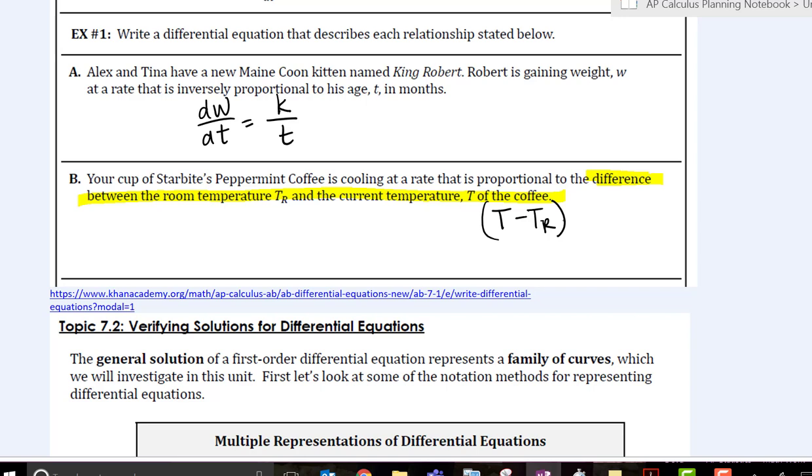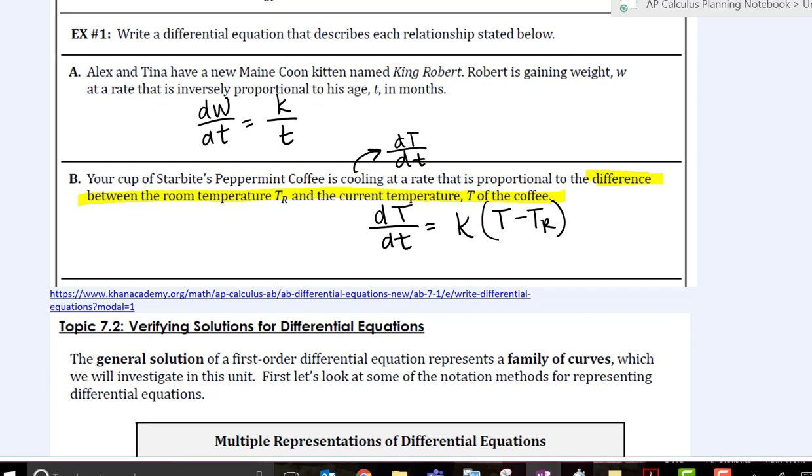Then I know that your cup is cooling, so the rate of change of my cup, which would be that dT over dt, capital T, the rate of change of that cup, it is directly proportional, so we don't have a fraction. We still need that constant of proportionality.